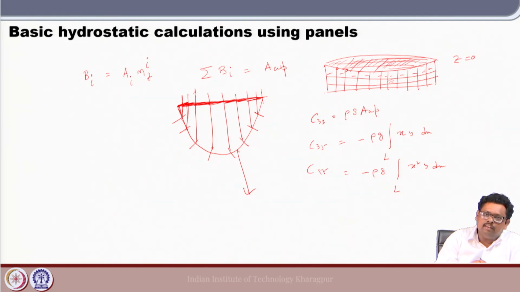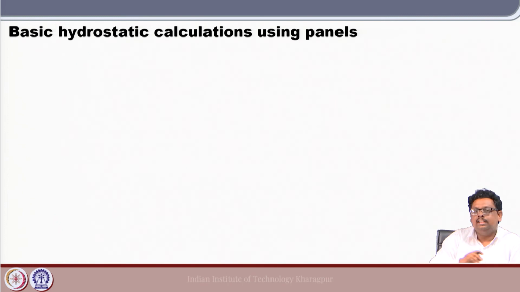So that is how we can get the values C33, C35 and water plane area. Now, at the next level, what is important is to match your mass.